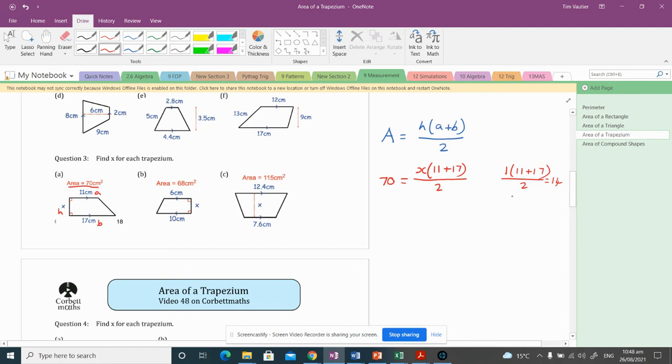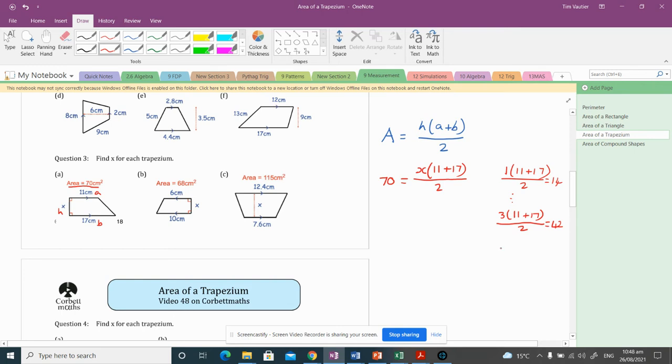In guess and check, you might find out that if you went up and tried, say, maybe 3, for instance, 3 times 28 divided by 2, well, that's going to come out to 42. But that's still not big enough.